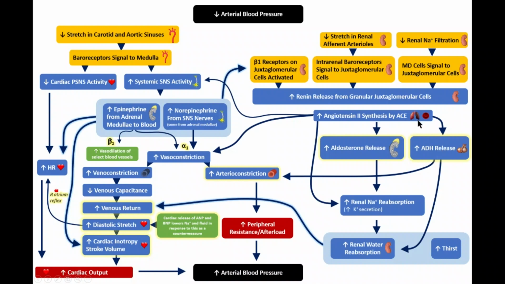So angiotensin 2 almost has like a pan effect, meaning affecting almost everything. It does cause release of ADH, and remember the name is antidiuretic hormone, so that means anti-urination or anti-fluid loss. So it's named in a very helpful manner.